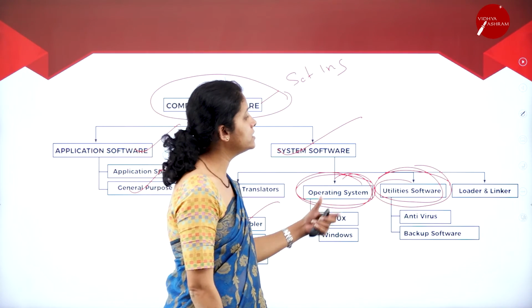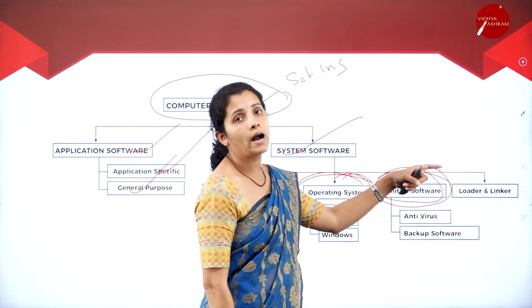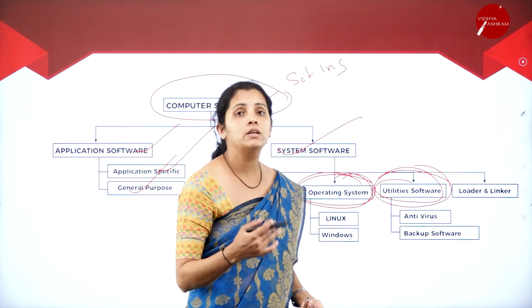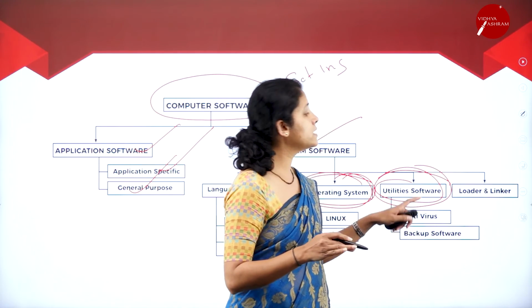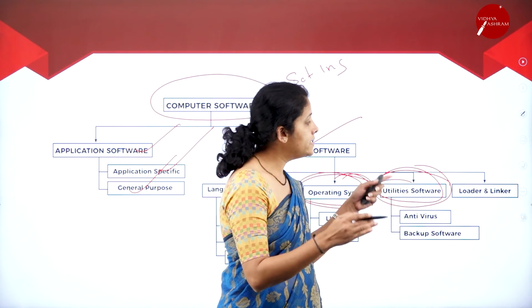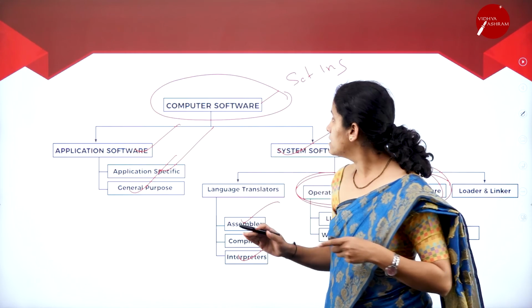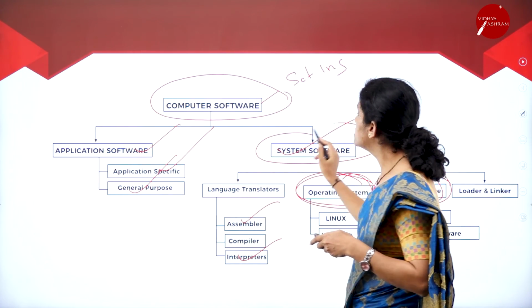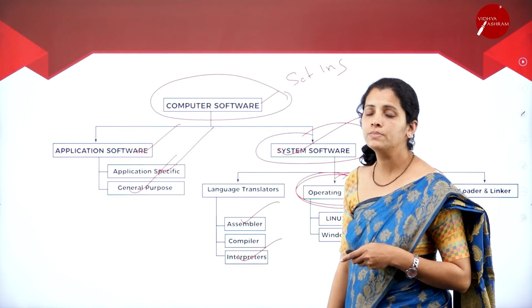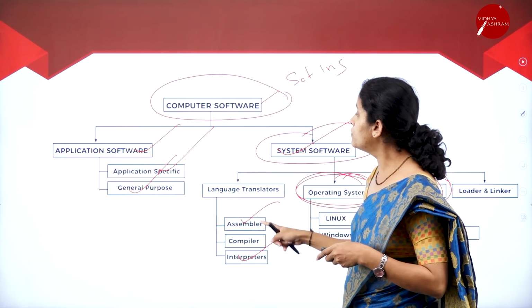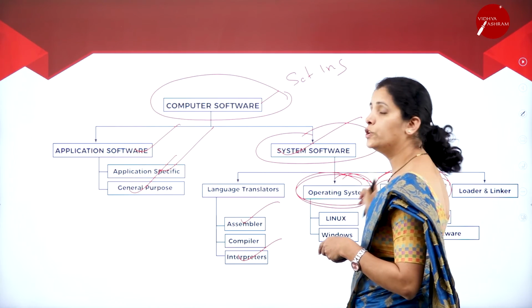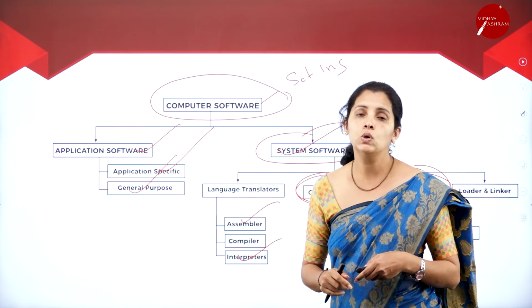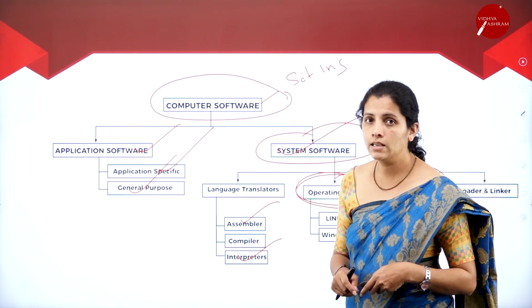Then we discussed what is loader and what is linker, and why we use loaders and linkers. These four are the types of system software: language translator, operating system, utility software, and loader and linker.